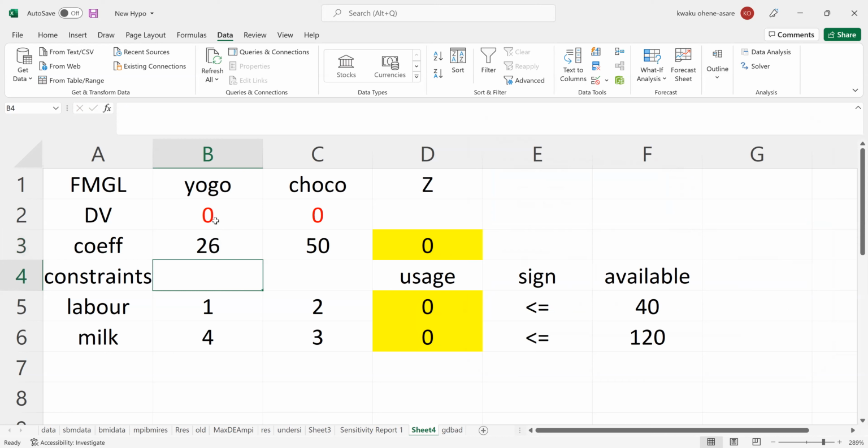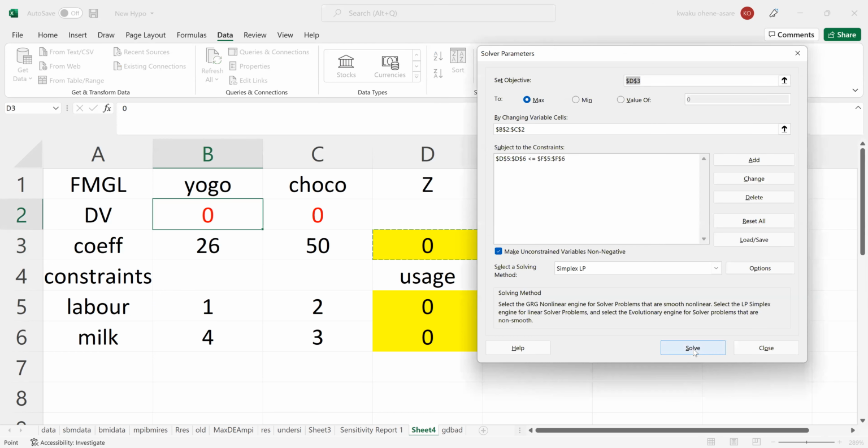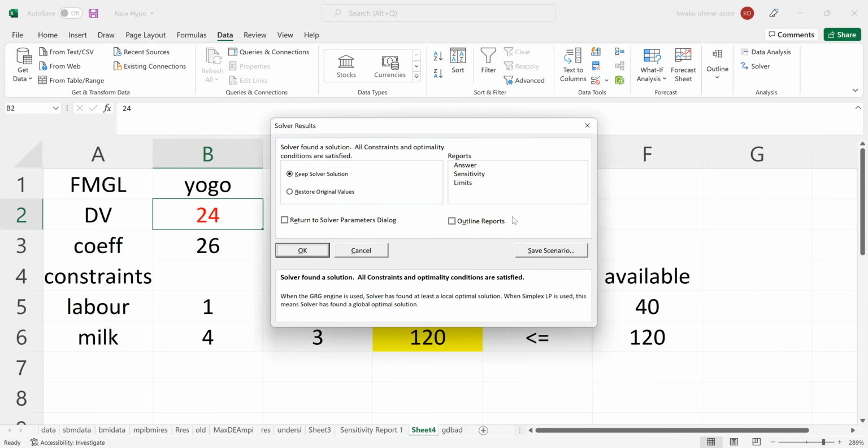Let me run it. I'm expecting the value to not change. The value should still be 24 and 8. Let's run the analysis, click solve, okay, and then click solve again. Now watch, boom. The values are still 24 and then what? 8.